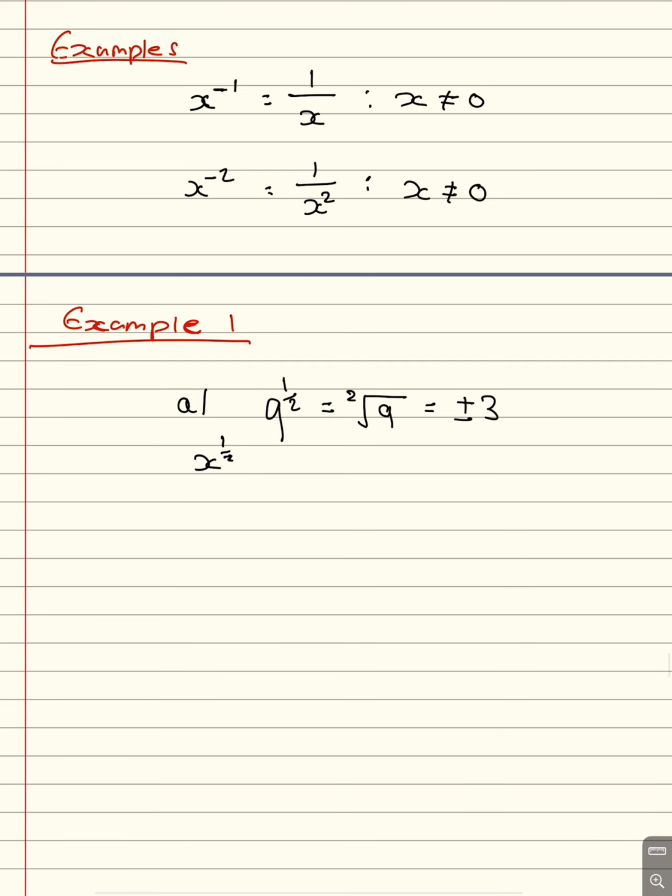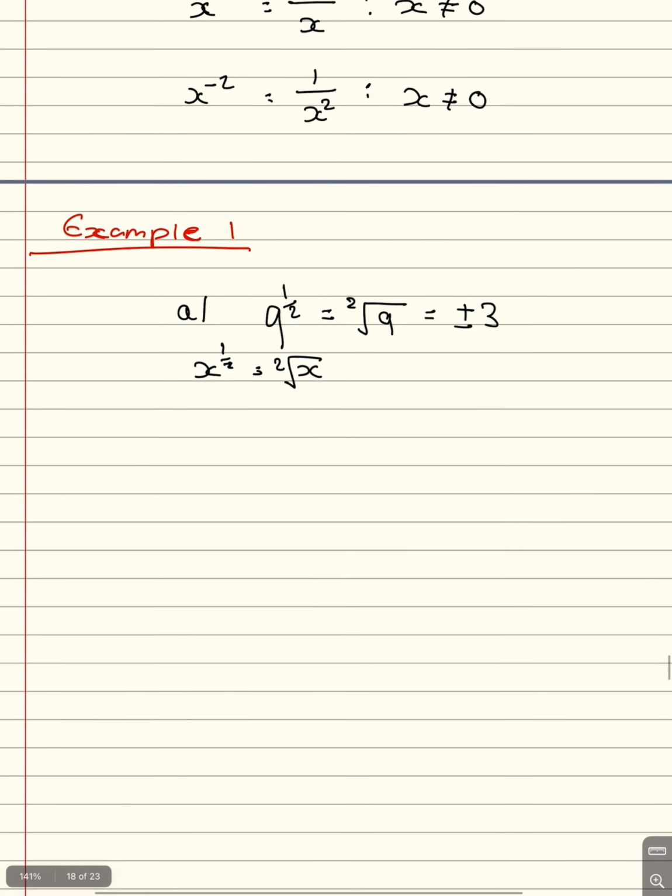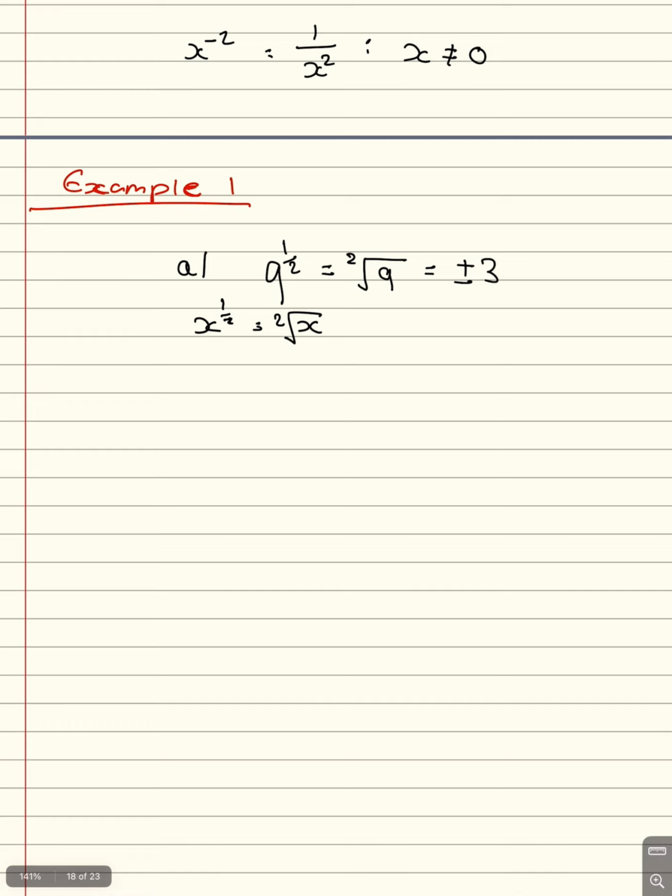Again, I've used the fractional law: x to the power of a half is equal to the square root of x. For part B, we have 36 to the power of a half, which is equal to the square root of 36.